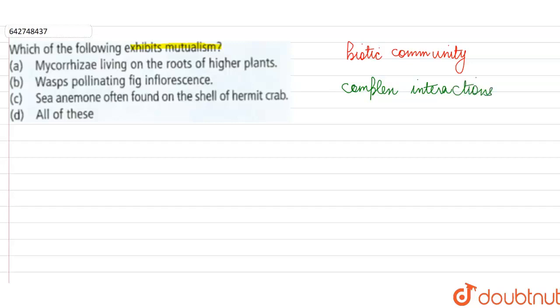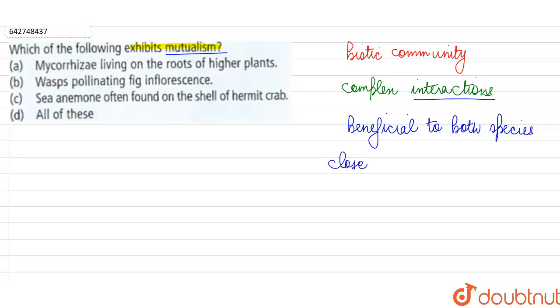Now, these interactions can be divided into many categories, where mutualism is such an interaction where both of the species involved are benefiting. So it is beneficial to both the parties.